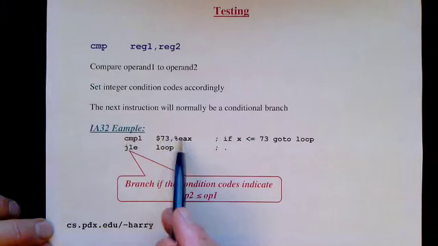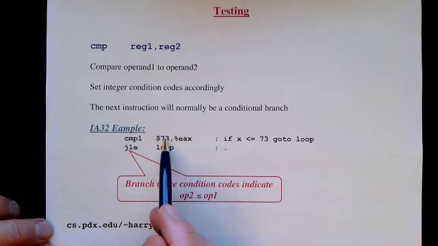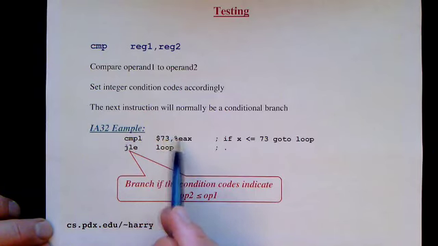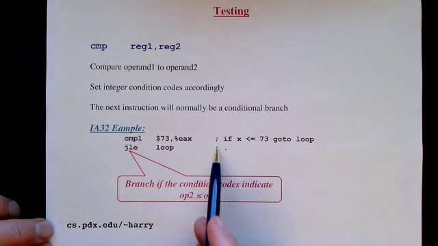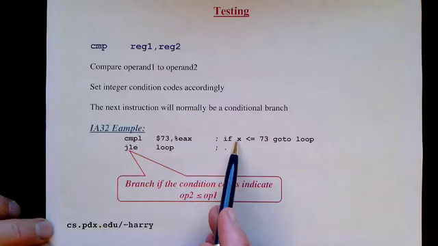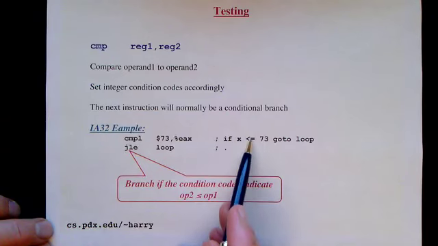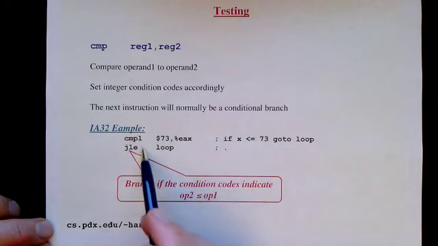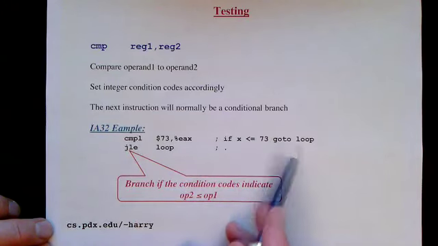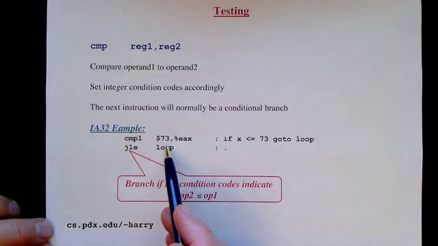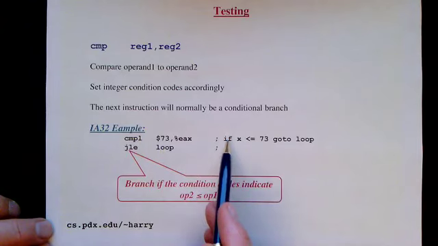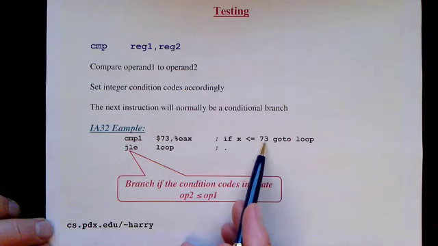So what we're saying is if the value in this register is less than or equal to this value here, so they're reversed, I think the most helpful way to write this assembly code is to put a comment here to put these things in the reverse order, but have the sense of this be exactly the same as this, and the jump to the loop. So what these two instructions do together is they say if the value in the register is less than or equal to 73, then we jump.